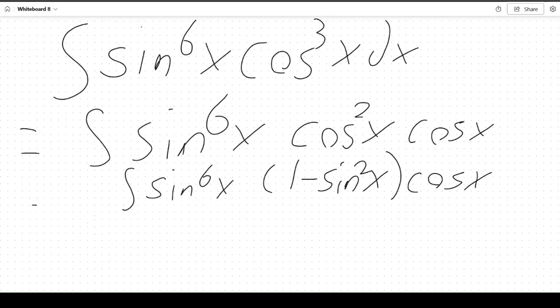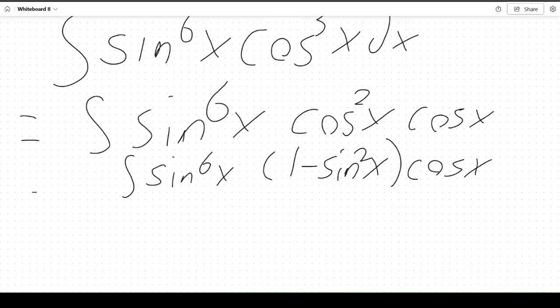And when the exponent of cosine is odd, we can use u for sine. So u would be equal to sine. So in this example, we would put u as sine, but u would have an exponent of 6.